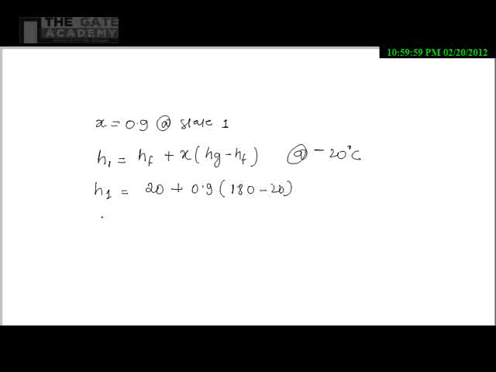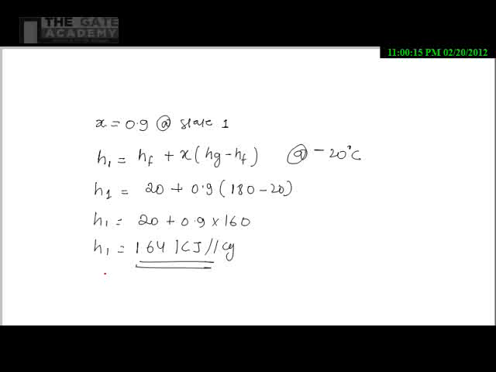So H1 equals 20 plus 0.9 into 160, so H1 will come to 164 kilojoule per kg. H2, state 2, is nothing but the saturated vapor state at 40 degrees centigrade, meaning we take Hg for 40 degrees centigrade. So H2 will be 200 kilojoule per kg by the table.